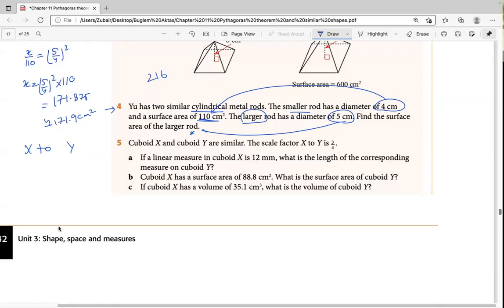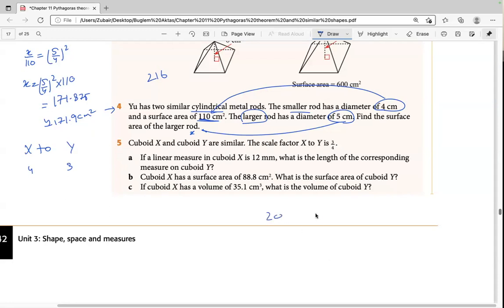So if I write 3 and 4, would that be fair? Yes, because Y is smaller.